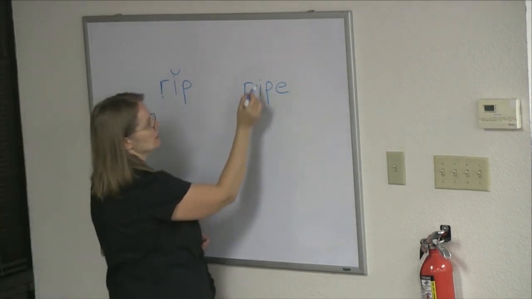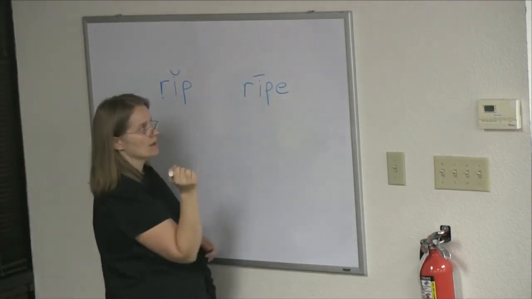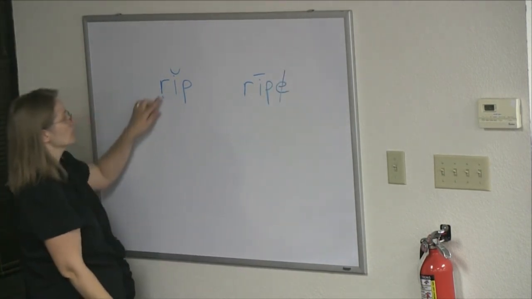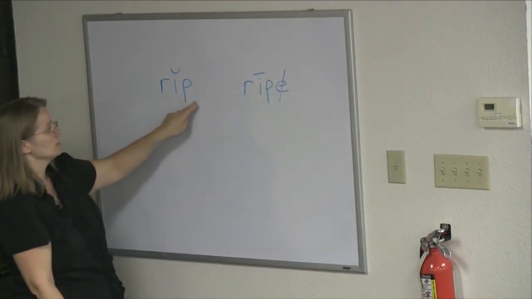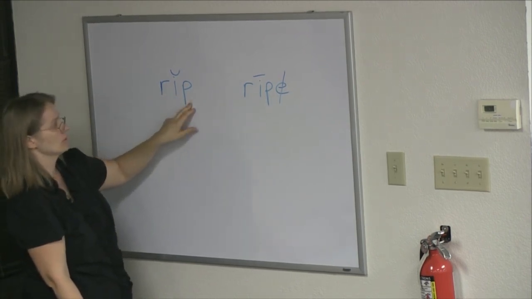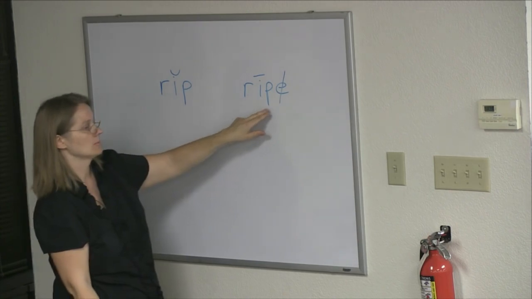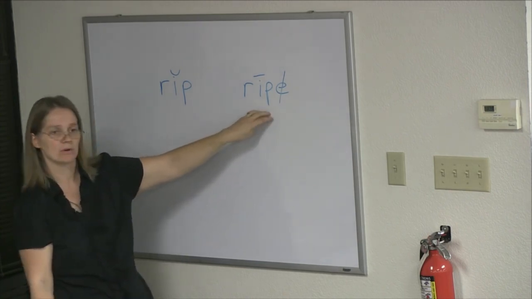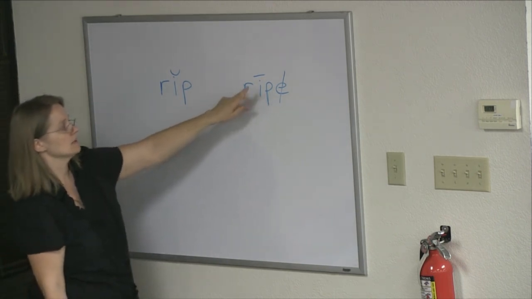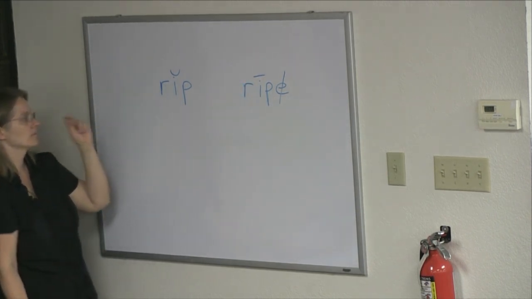This one has two vowels. The first one is long, you mark that with a dash, and the second one is silent. You mark that by striking it through. So even though they look very similar, both of these words only have three sounds. R, I, P, R, I. It has four letters, but it only has three sounds. Does it make sense? This is the silent E. It's a silent second vowel.